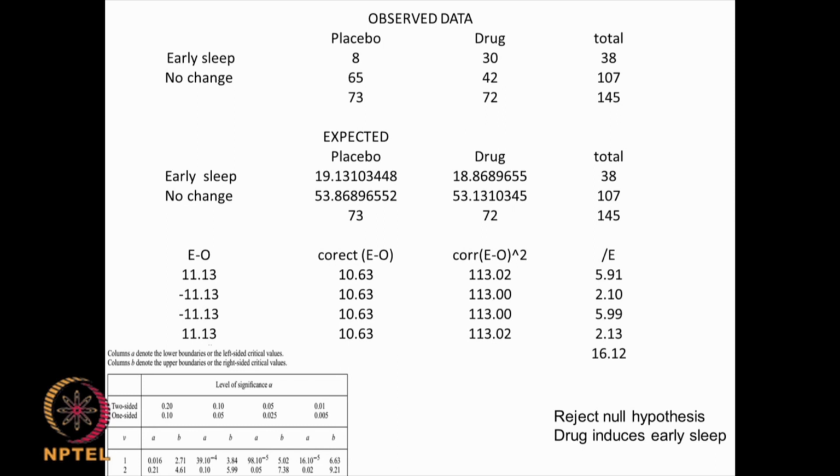If the table value is less, then you reject the null hypothesis. In this problem, the table value is less than the test statistic, so obviously we reject the null hypothesis, which is that drug and placebo are the same, the status quo. The alternate is that the drug induces early sleep, so we accept the alternate hypothesis.